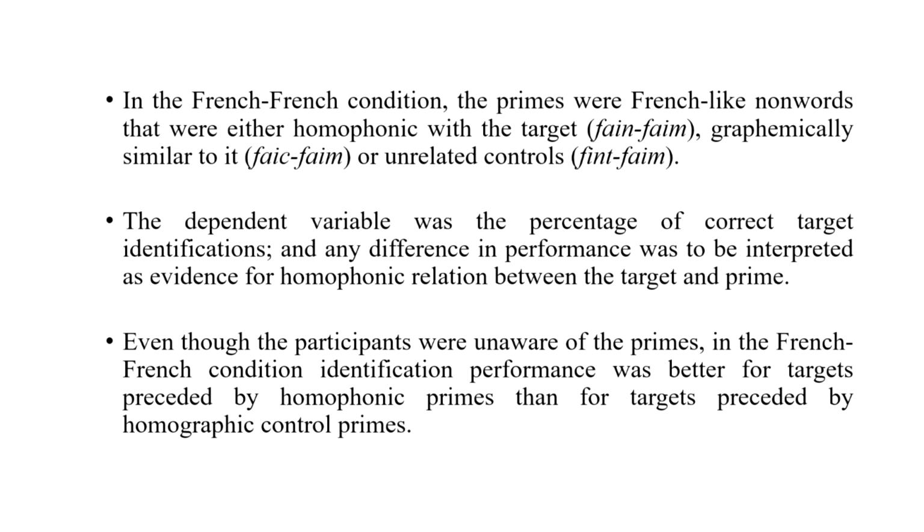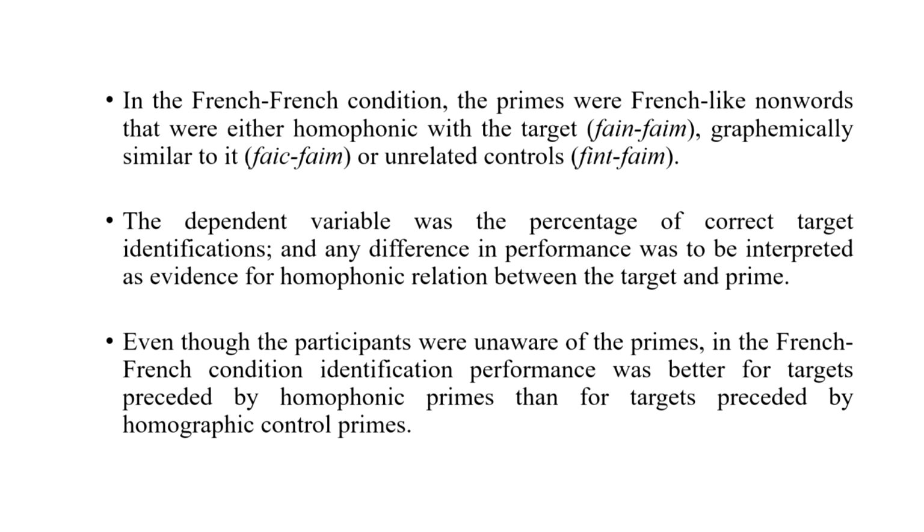Now, the dependent variable in this study was the percentage of correct target identifications, and any difference in the performance was to be interpreted as evidence for a homophonic relation between target and prime, basically saying that the target and prime were leading to similar pronunciations. Now, even though the participants were not aware of these primes because they were being presented very momentarily in a masked fashion, in the French condition, identification performance was better for targets preceded by homophonic primes than for targets preceded by homographic control primes.